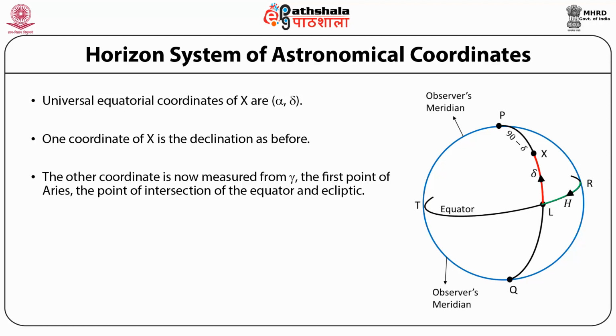So the two coordinates to find the position of a star in the equatorial system are right ascension and declination.